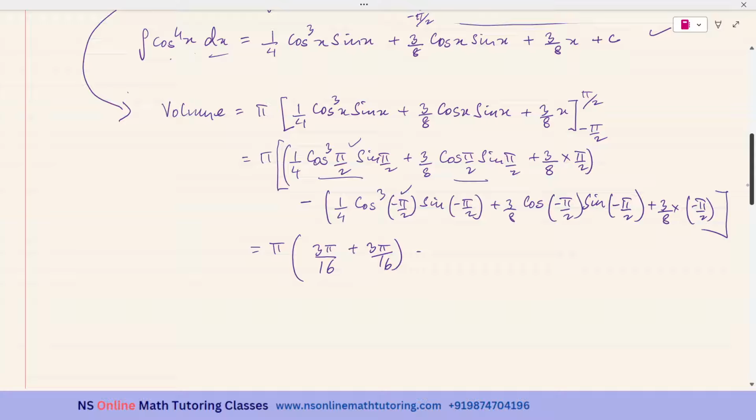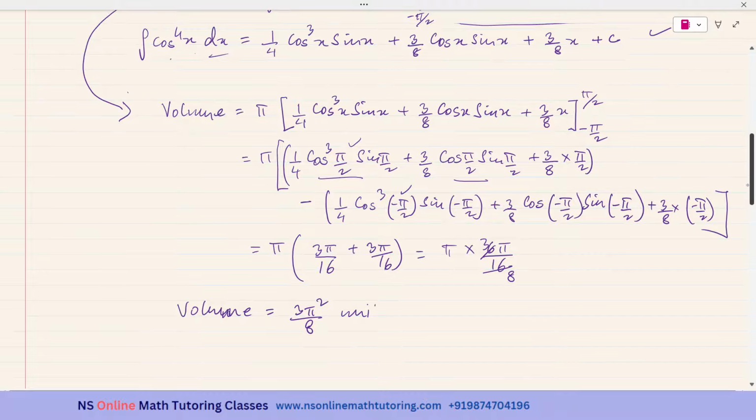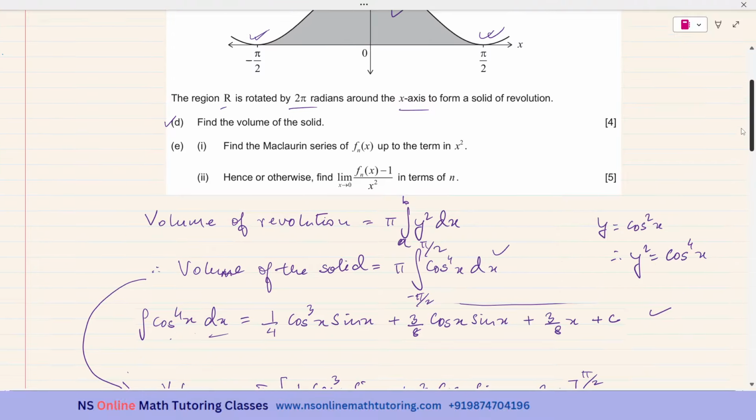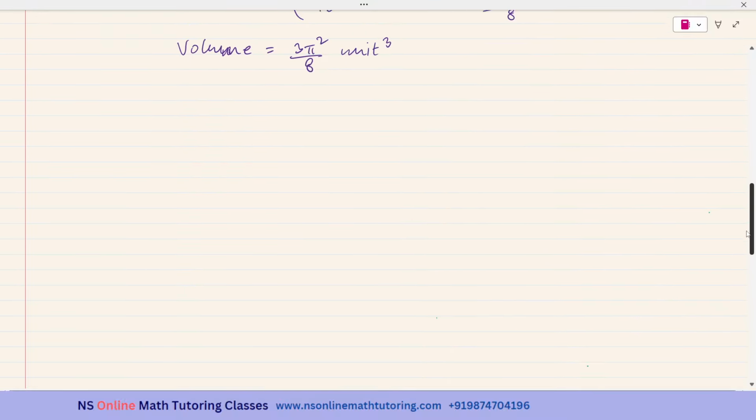Okay, is equal to pi times 6 pi over 16. And I can cancel by 2. So the volume will be equal to 3 pi squared over 8 unit cubed. Okay.